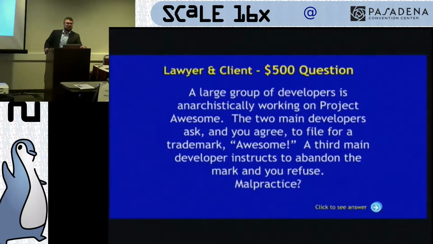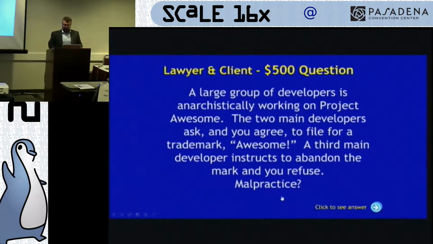There is some kind of general project guideline, anarchistically?